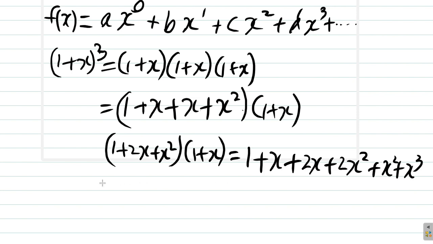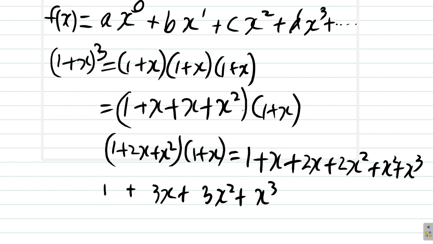So we have 1 plus x plus 2x, which is 3x, plus 2x squared plus 1x squared, which is 3x squared, plus x cubed.